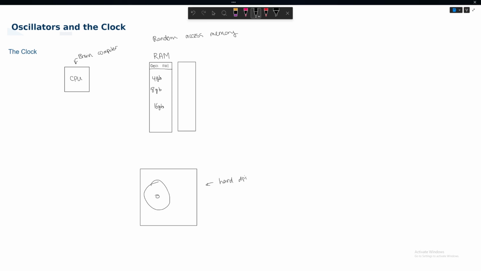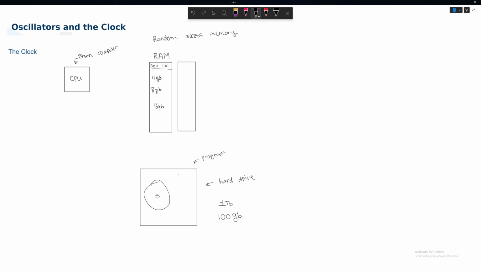These have memory, sometimes 1 terabyte, sometimes 100 gigabytes, depending on whatever hard drive you have. This is where you store your programs, like a game, your Microsoft Word, your browser, Chrome, Safari, whatever you use, your pictures. They go on the hard drive.